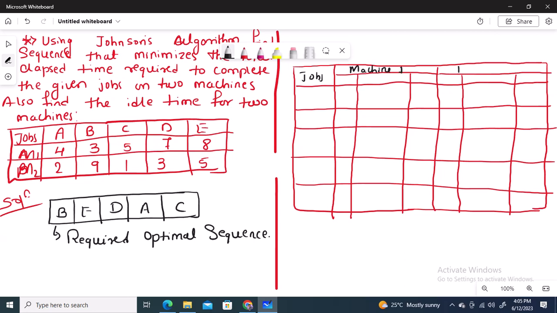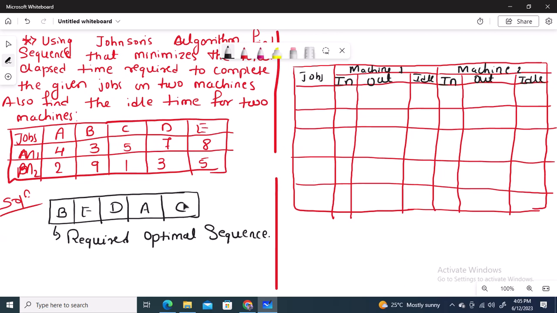Machine 1, machine 2. So this is machine 1 in time, machine 1 out time or completion time. If there is an idle time for machine 1, we have to mention that. This is in time for machine 2 and out time for machine 2, and if there is any idle time for machine 2, we have to write that.